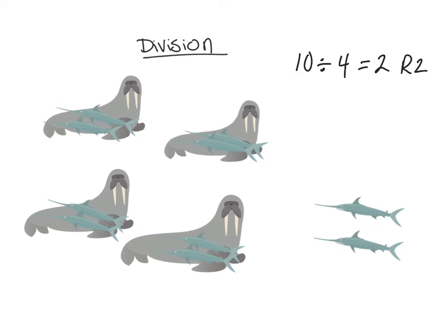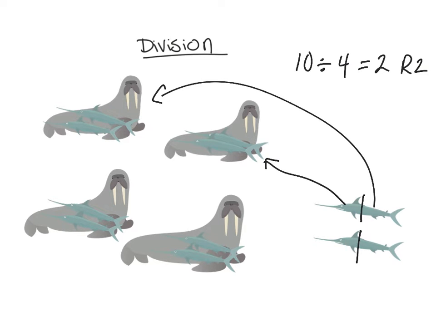Okay, and so in 6th grade, we're going to spend a tiny bit of time dealing with remainders, but then we're actually going to figure out how to change this remainder into a decimal, and that's going to come next week in our lesson. Okay, so if we think about it, we could cut each of these fish in half and give a half of a fish to each of the walruses.